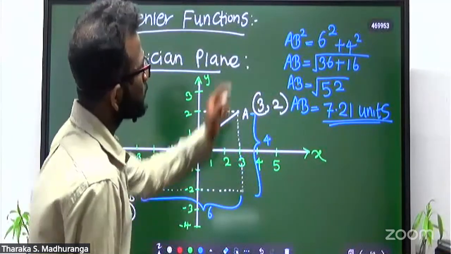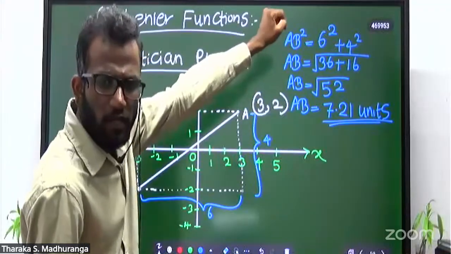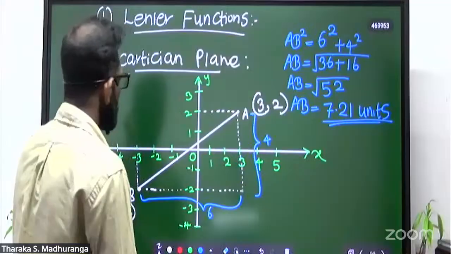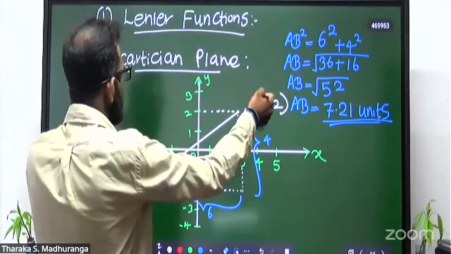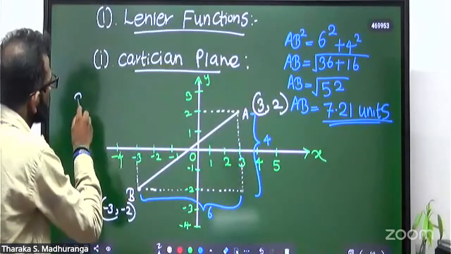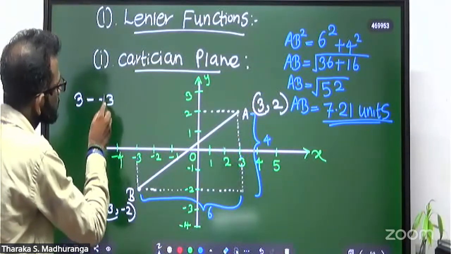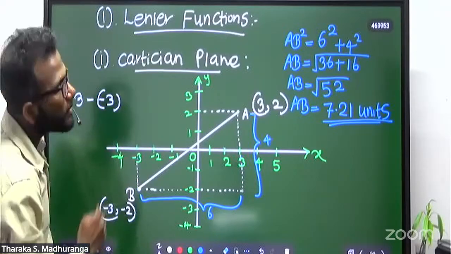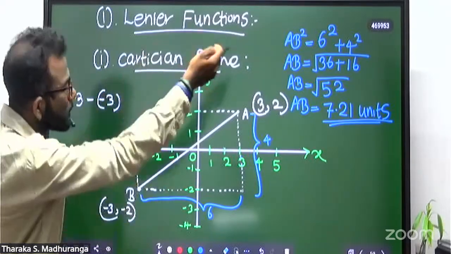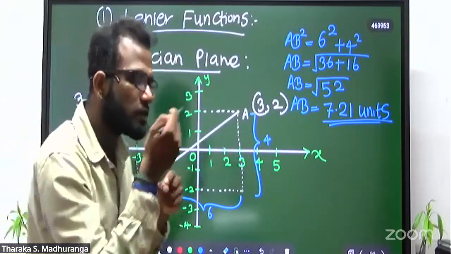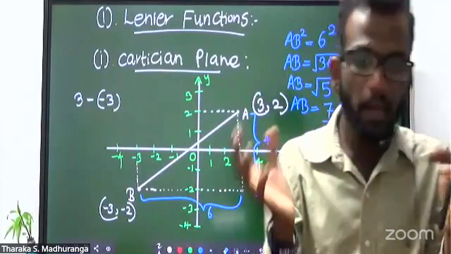Can you see the first value is 6 squared? The 6 squared means what? The 6 squared means x2 minus x1. That means 3 minus minus 3. Can you see? 3 minus minus 3 is 6, no? Then compare these two equations.